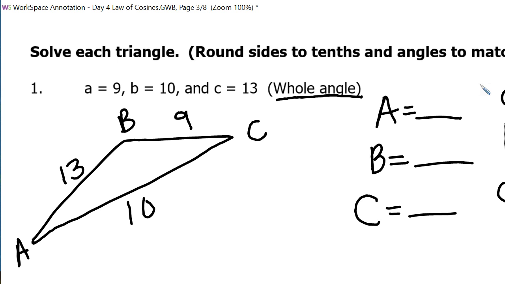Now on Friday we were able to use the law of sines because we had an angle and a side pair. But do we have an angle and a side pair? No. So we will have to use the law of cosine. So which one do we want to solve for first? Angle A, B, or C?